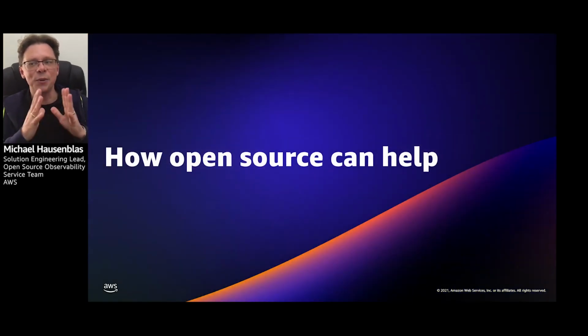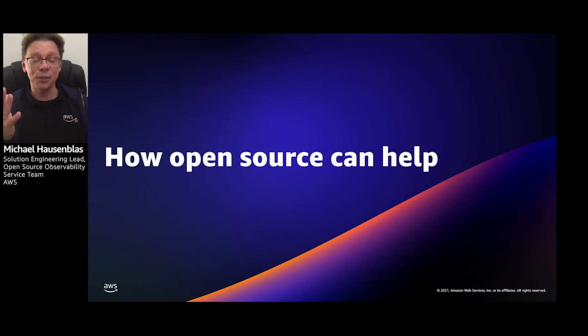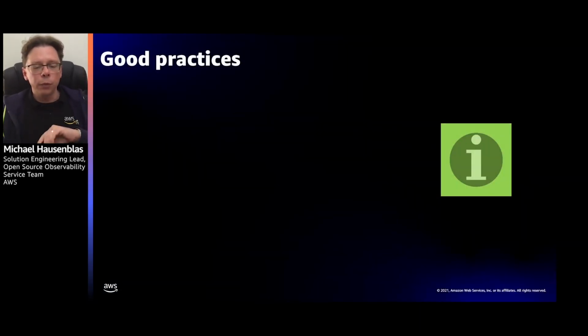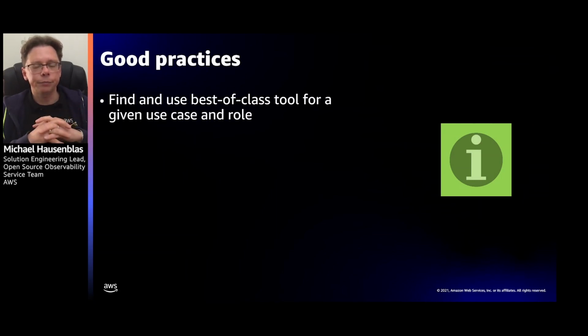So now the question: how can open source help with those challenges? Before we get into a concrete mapping, a few high-level good practices. You want to find and then use the best of class tool for a given use case and role.